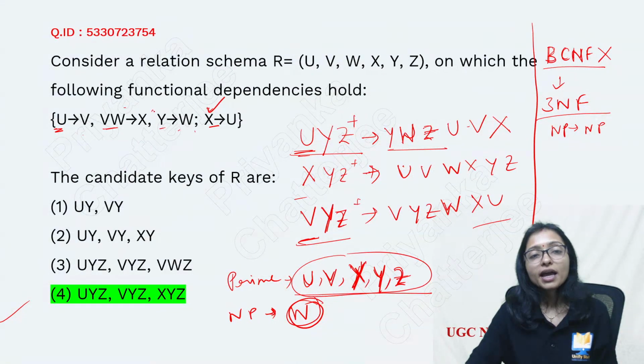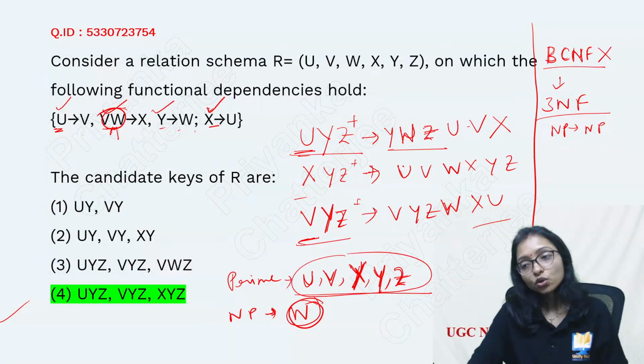This is also prime, this is also prime. These all are prime. Yes, VW together, W is non-prime, this is not a total non-prime, but X is also prime here.